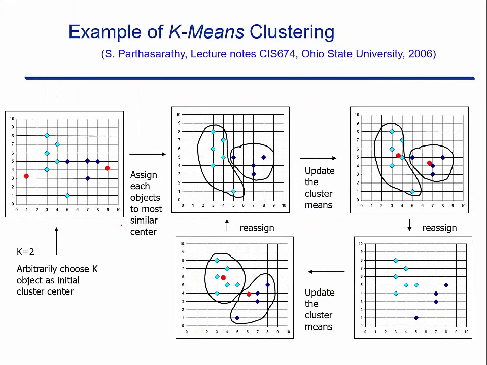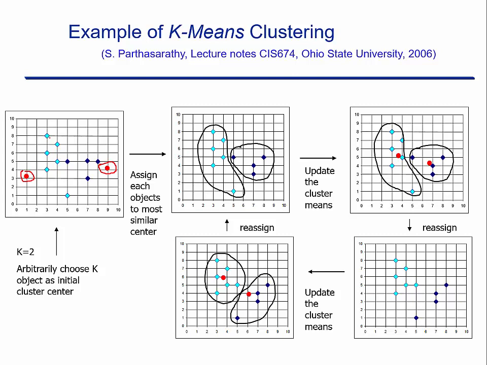Now let's look at an example. At the beginning, we have a number of points in the two-dimensional space, and k is 2, so we will randomly pick 2 points in the space as the centroids. Then we will assign other points to the closest centroid.